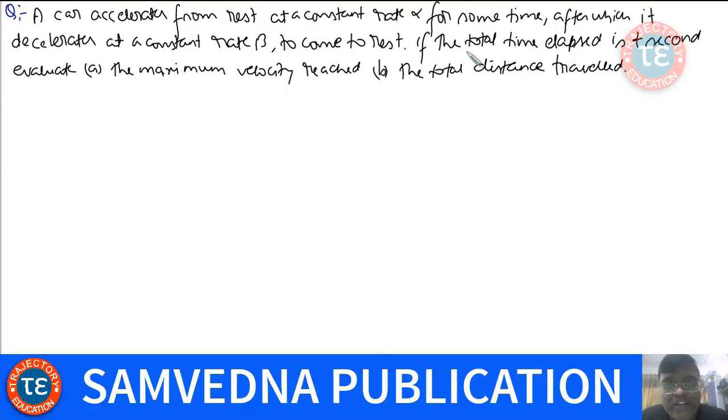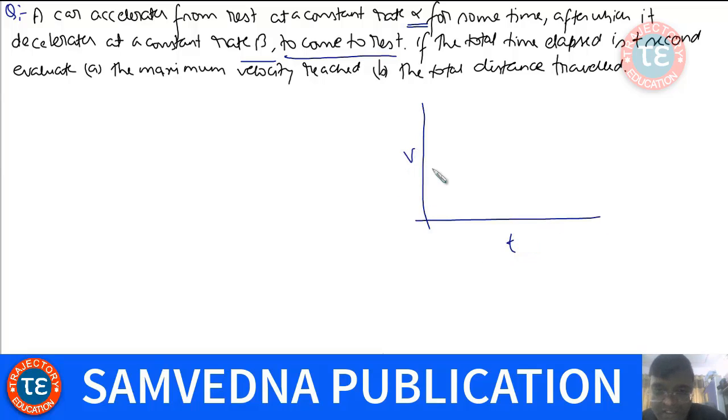The question is, a car accelerates from rest at a constant rate alpha for some time, after which it decelerates with constant beta and comes to rest. So it accelerates with alpha, reaches some velocity, and then velocity keeps on falling because it is decelerating now. So what would the graph of velocity versus time be? First of all, it accelerates with alpha.